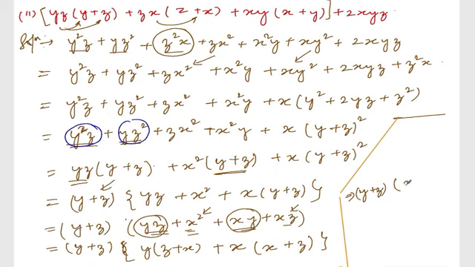You can take x plus z common. If you take x plus z common, what's left out? x plus y, right? So you can arrange all these things: x plus y, y plus z, and z plus x. And this is your solution.